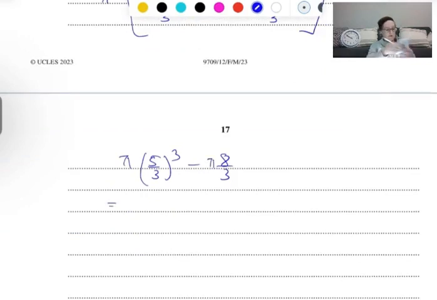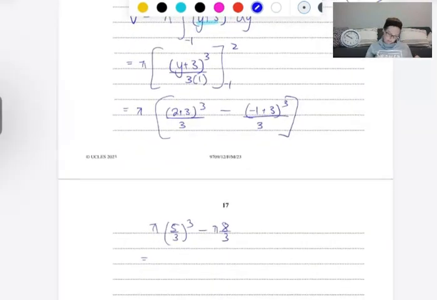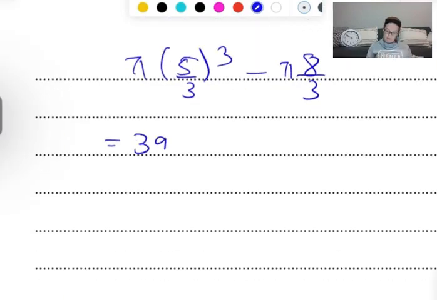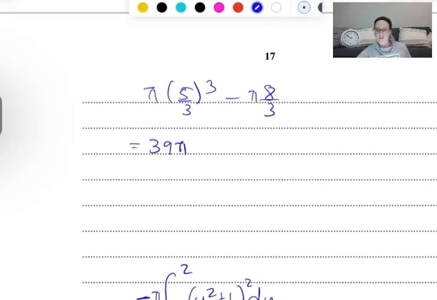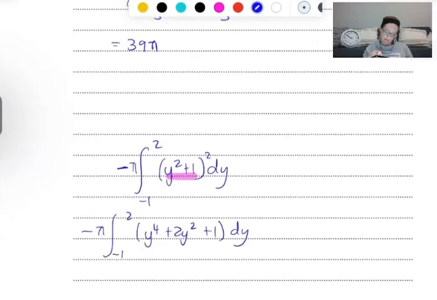Okay, hold on, this is not 2 to the power 3. 5 to the power of 3 over 3 minus 8 over 3 is just 39 pi. Okay, seems like a really interesting number. Okay, 39 pi.